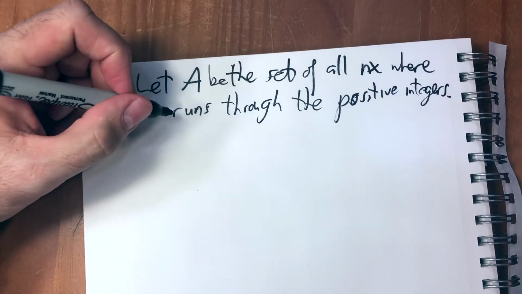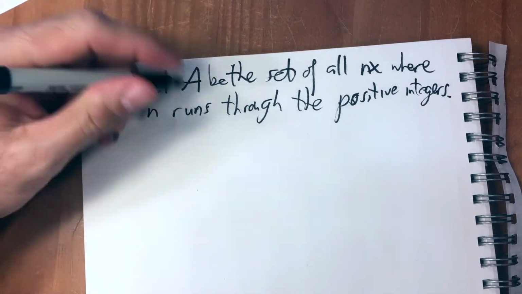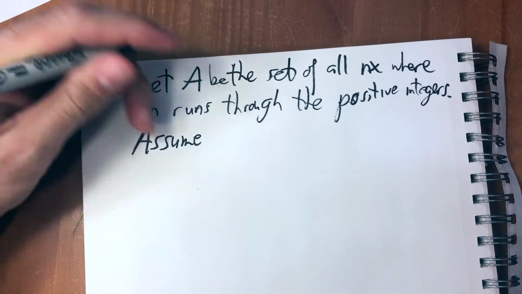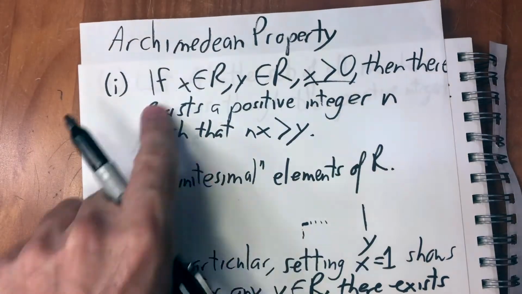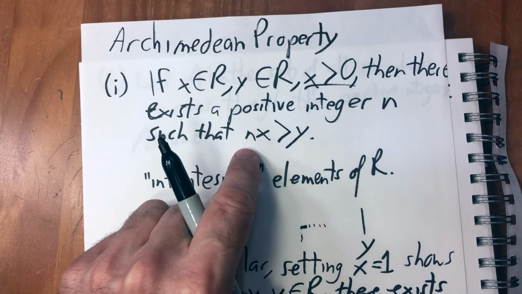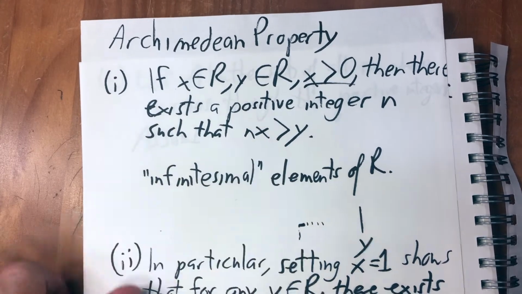So let's assume the opposite of the Archimedean property. So assume that this is not true. That is, that there is no n such that nx is greater than y.